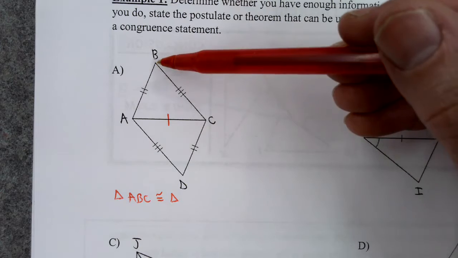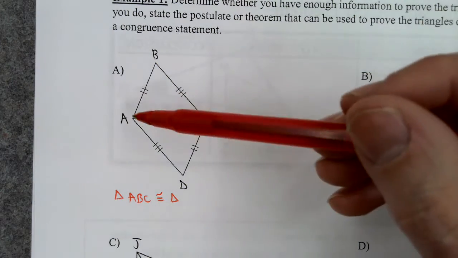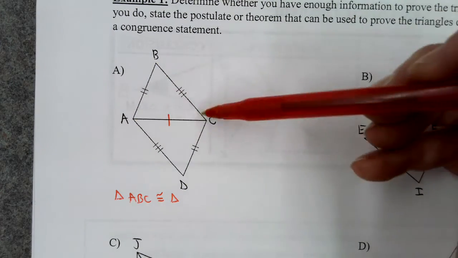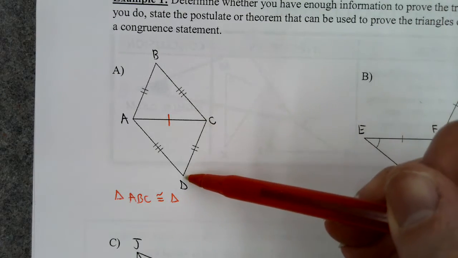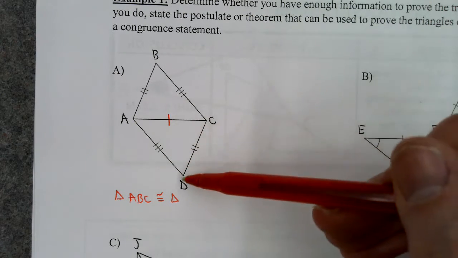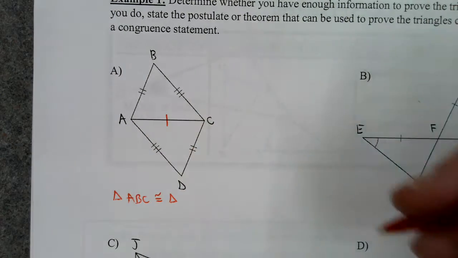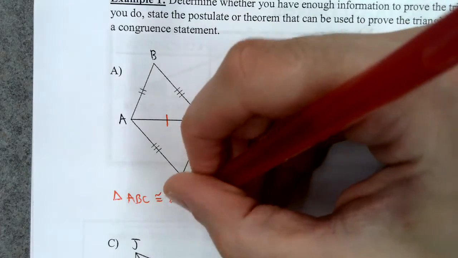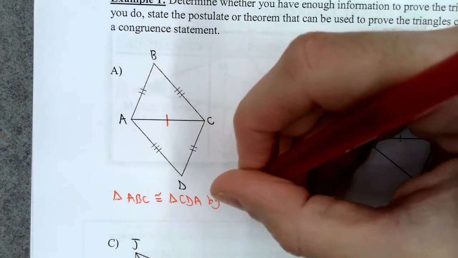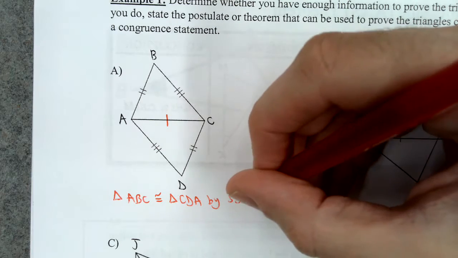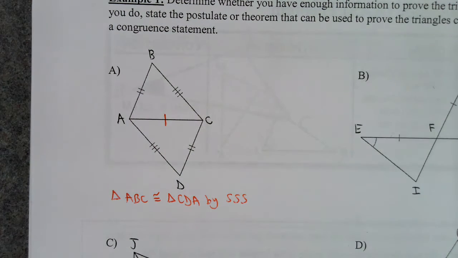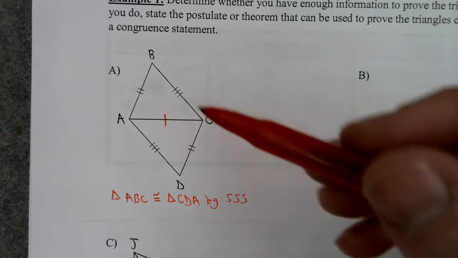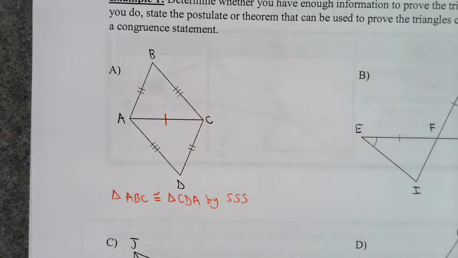I'm going the 2 tick mark side, then the 3 tick mark side, A, B, C. 2 tick marks, then 3. I have to go in the same order when I list the bottom triangle. So I'm going to say it's congruent to triangle CDA by side, side, side. Okay? So this side in common of both is not going to be labeled. You have to label that yourself.